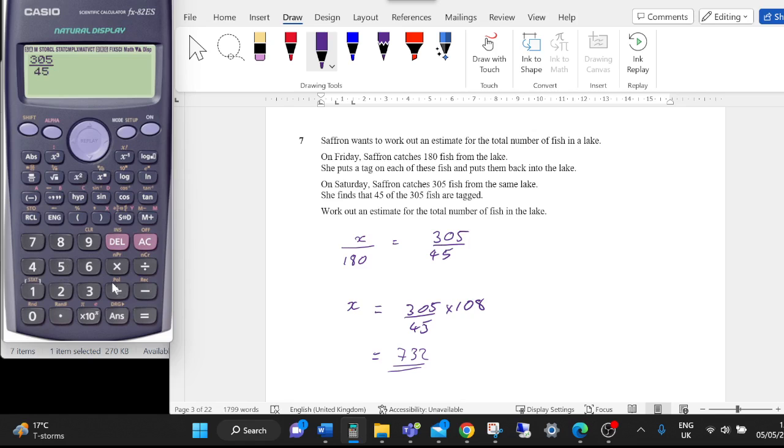You could do it that way, or either way it should work out exactly the same. It just means a different level of rearrangement. 1,220. What have I typed in wrong then?